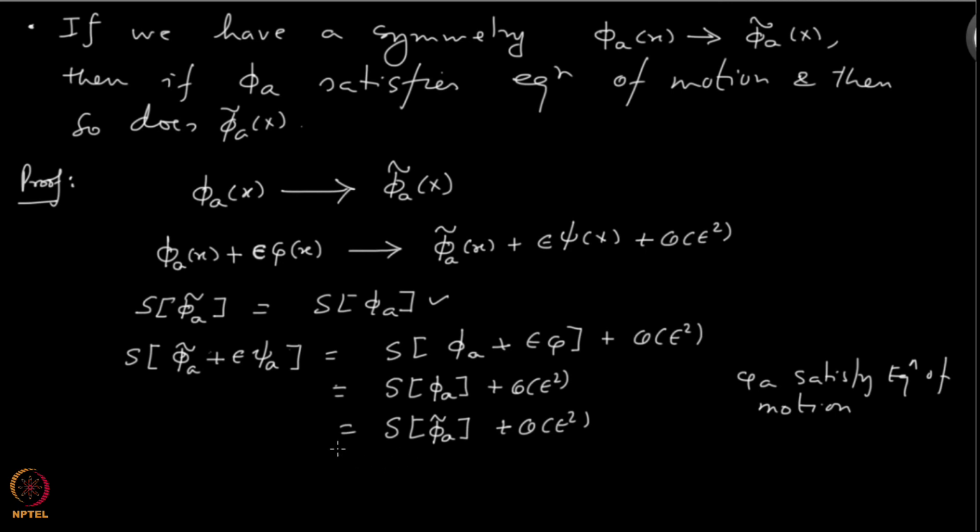So, this says that if you look at S values, if you go away from configuration phi tilde A to a configuration which differs by order epsilon pieces, then the action changes by order epsilon square, not by order epsilon term, meaning it is stationary.